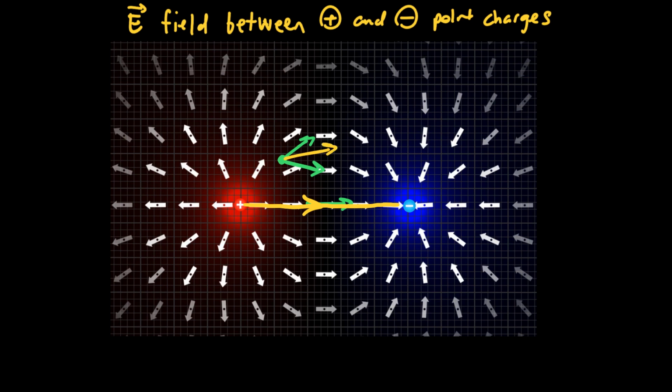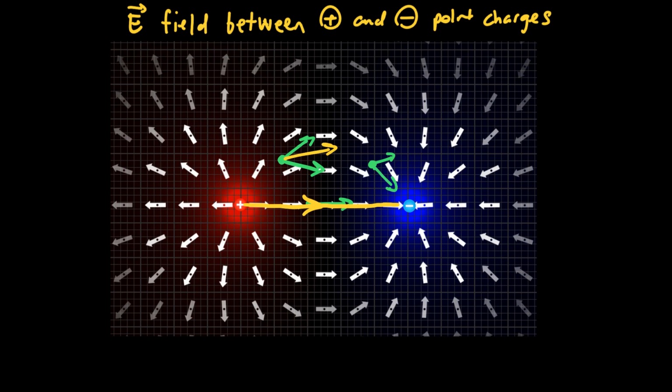And so if we place another one of those green dots over here, the same sort of thing would happen. We're pretty far away from the positive charge at this point, but we would still feel a force of repulsion that points away from that positive charge that's probably getting smaller, and then we would feel a force of attraction that's a little bit stronger due to the negative charge because it's closer.